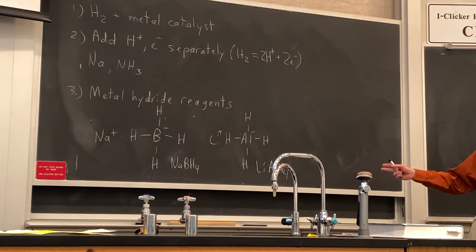So one thing we notice from this is something I've told you earlier in class, which is that a negative charge is not equivalent to a lone pair. I've said that when you draw curved arrow mechanisms, you have to use lone pairs because a lone pair and a negative charge are not the same thing. And this illustrates that because borohydride and aluminum hydride have negative charges but no lone pairs.